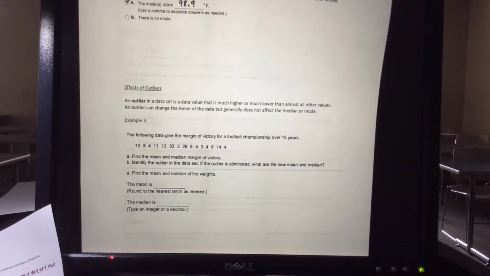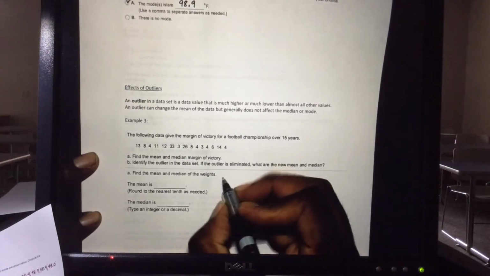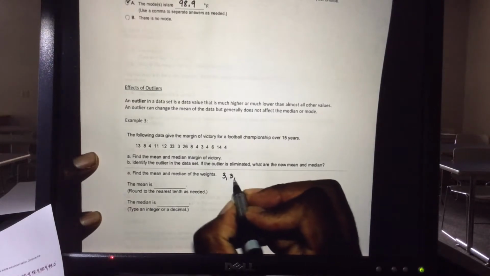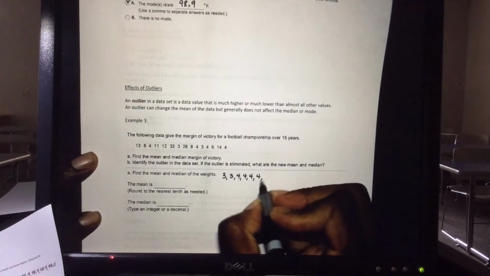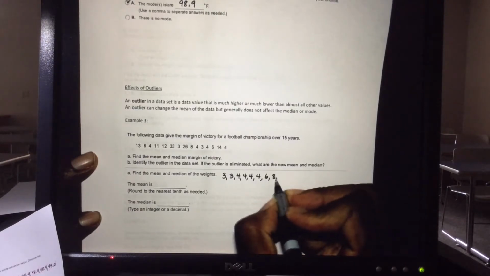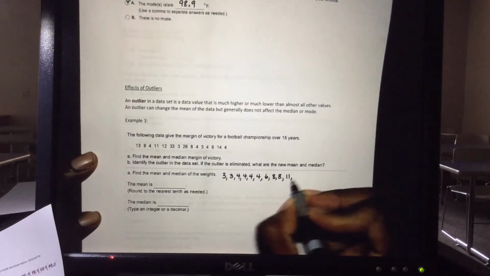What I would do here is to go ahead and place these data values in numerical order. So here, I'm placing these numbers in numerical order.